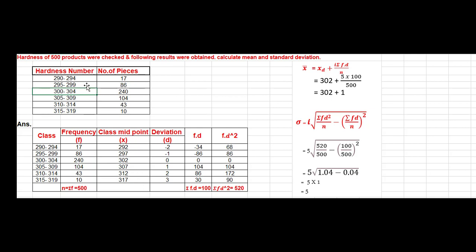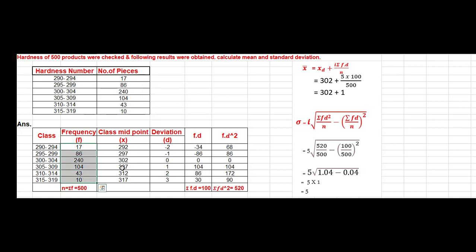So hardness is defined as the class, and the class value is distributed as 290 to 294 and so on. The first column represents the class, and the frequency is given in the second column.